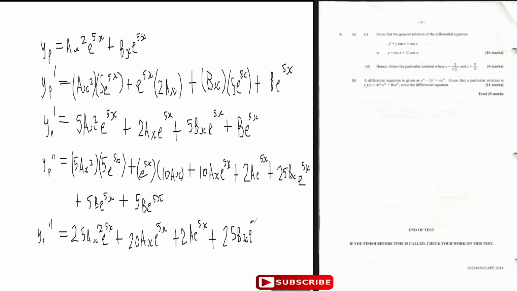Good. Plus 5b e to the 5x plus 5b e to the 5x is 10b e to the 5x. So that gives us the second derivative.